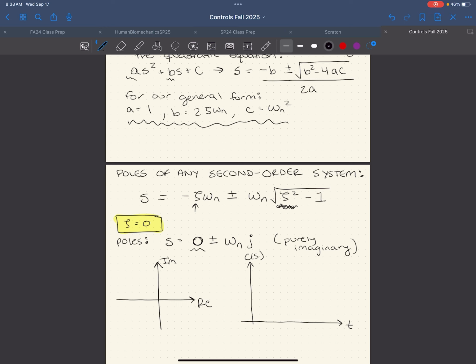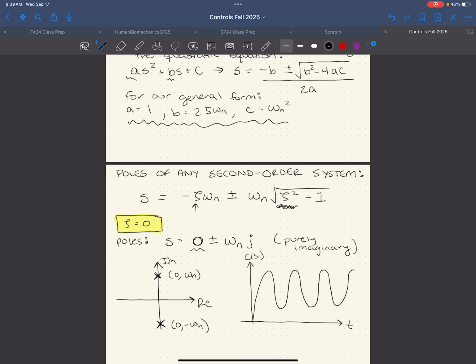Okay. So if we have purely imaginary roots, there's no real part, then on our pole zero map, our poles need to be purely on the imaginary axis, and they are plus or minus the same value, right? Plus and minus omega n. So the location of our poles is 0, omega n, and 0, minus omega n. And it turns out for a system like this, we are going to end up with oscillations.